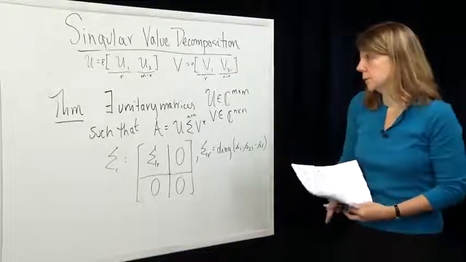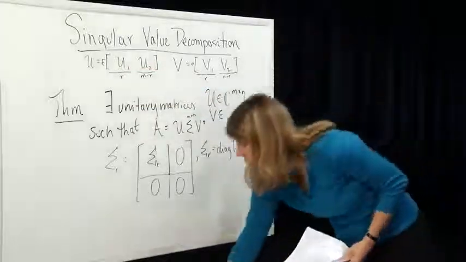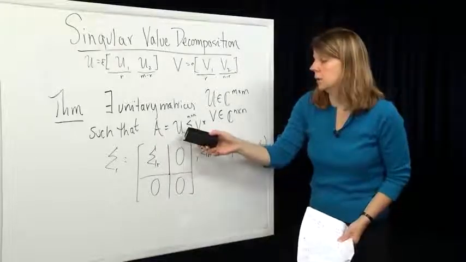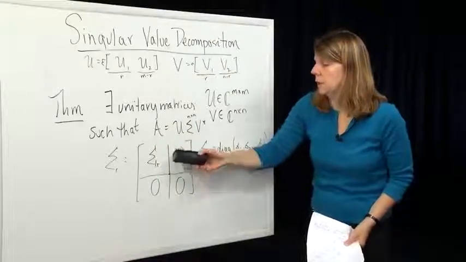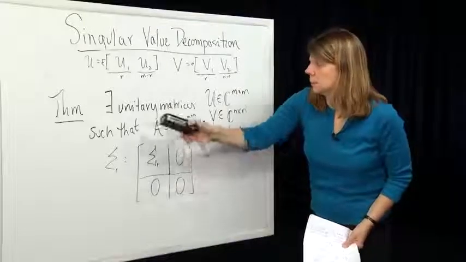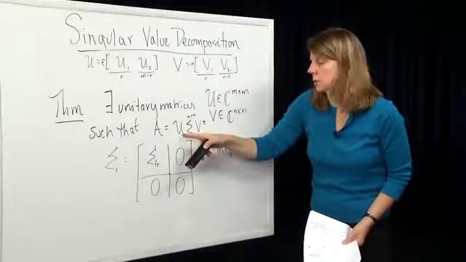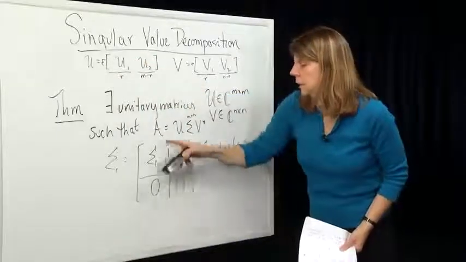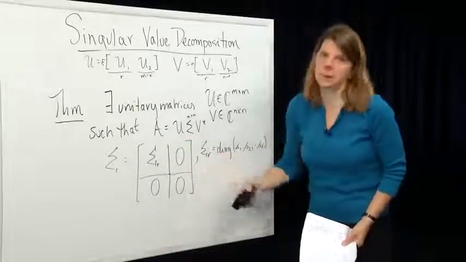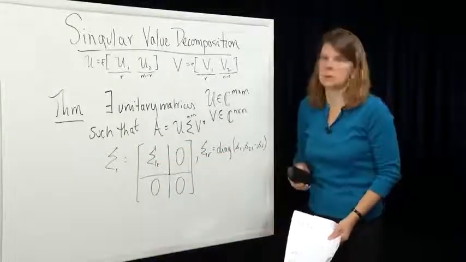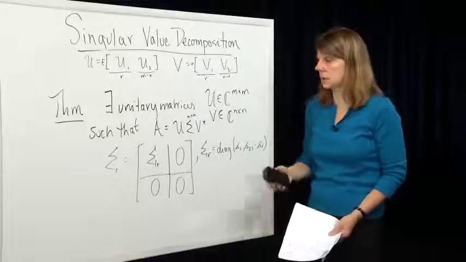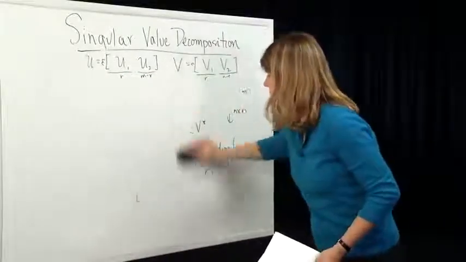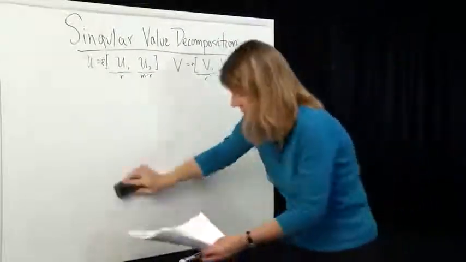Right now this is just a naming convention, but you can start to see why we're doing this, because now if we look at the representation of A in terms of the multiplication of U, sigma, and V, the post-multiplication of U by sigma is going to just pull out the piece of U that multiplies sigma, because the rest will just be multiplied by the corresponding zero elements in that sigma matrix. And so with that, we can break that decomposition down into the following.